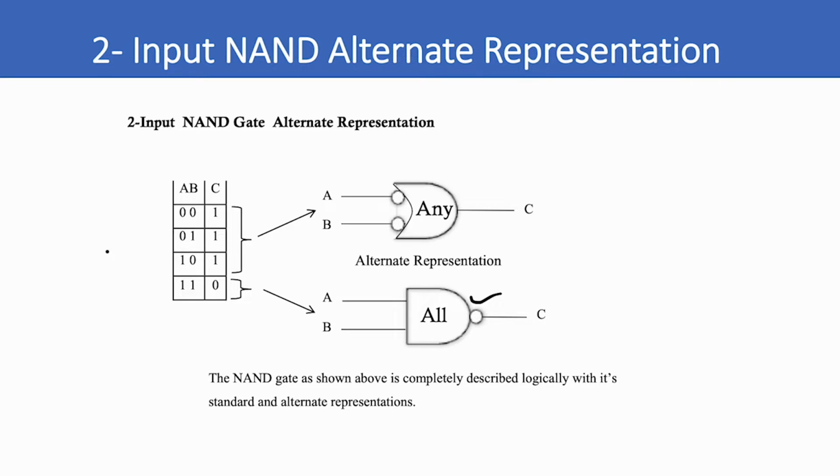So if we look at a truth table for this particular NAND gate, we see that when both A and B are 1, all inputs are 1 or high, the output is going to be a 0. And that's what we have, right, because we have a bubble on the outside. So all inputs high force the output to a 0.